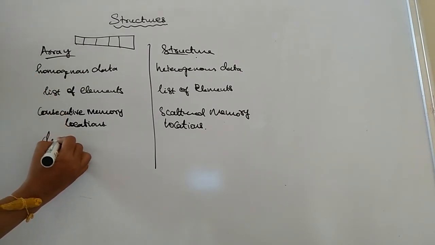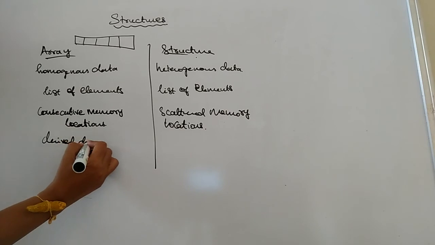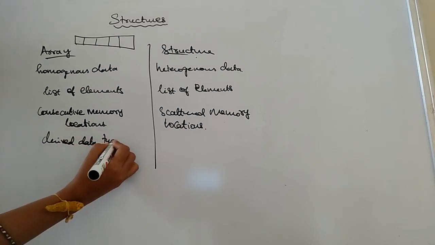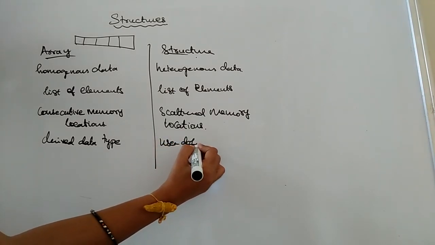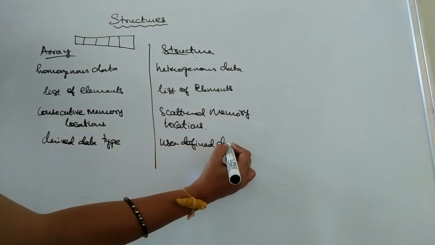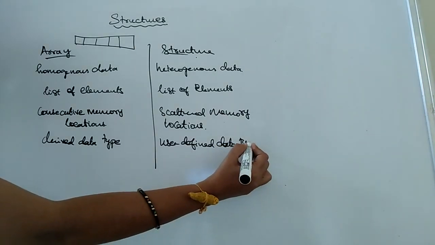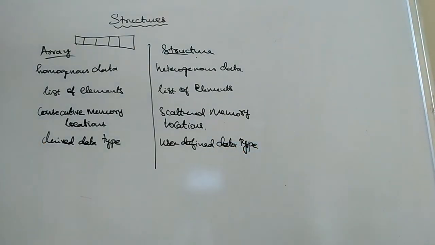And another thing is, an array is a derived data type, which is a very basic thing. And a structure is a user defined data type. What's happening here is, a derived data type like an array is defined in the library itself. We simply make use of that concept.